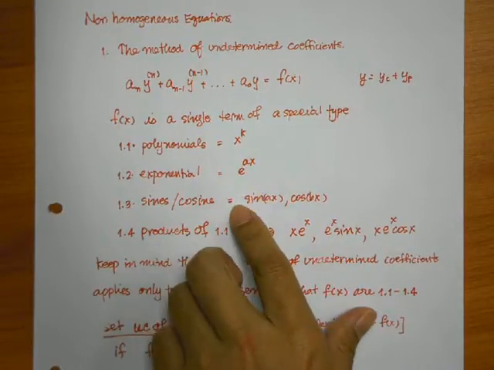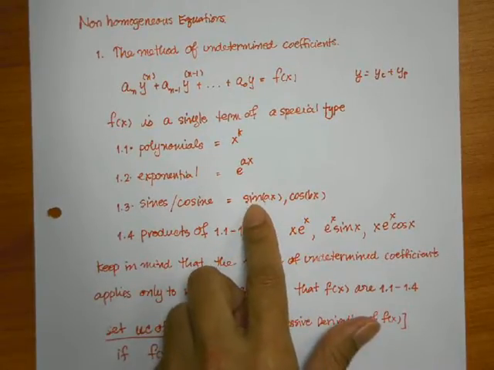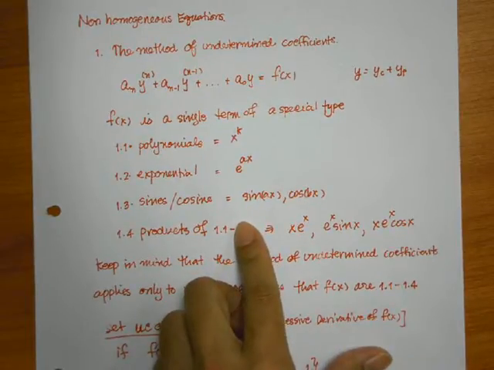The second function that f(x) could be is the exponential, in the form of exponential of ax. A could be any number, plus, minus, pi. The third function that f(x) could be is sine or cosine.